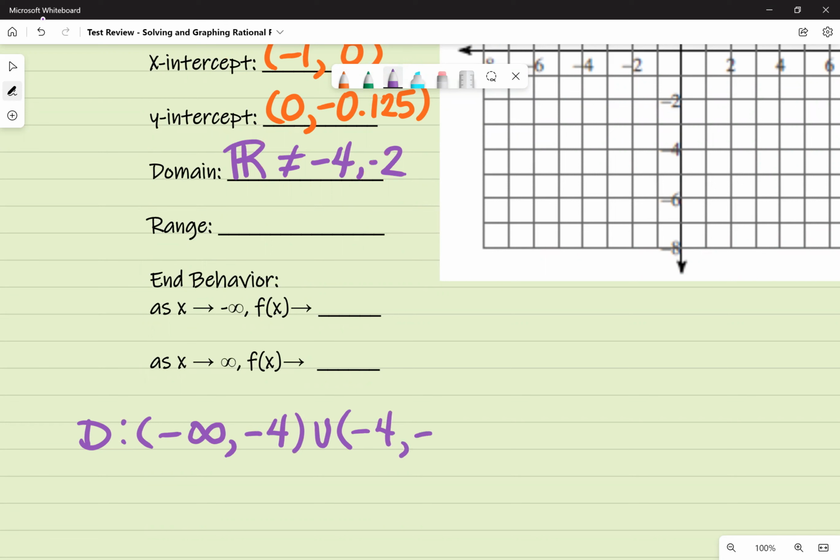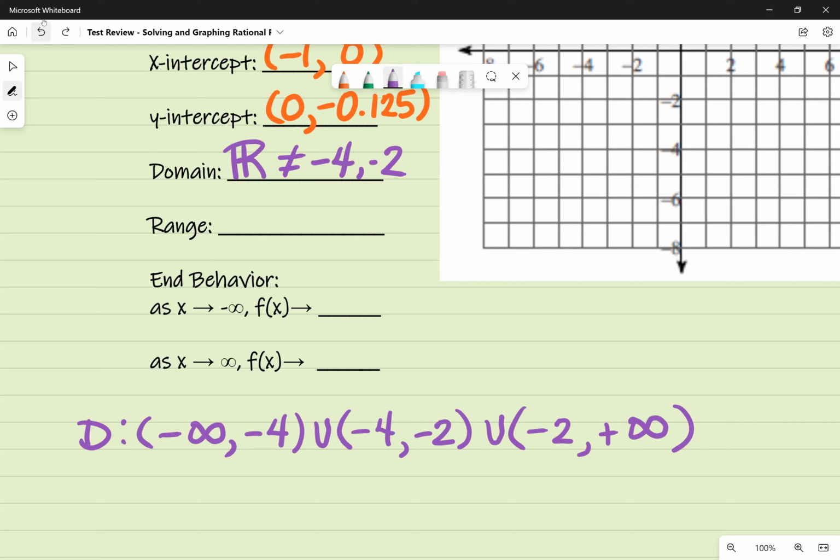And then you have to stop at the next number that we said was restricted. Union, and then you can go again from -2 all the way to positive infinity. So you'll notice that you always start with negative infinity and you always stop with positive infinity.